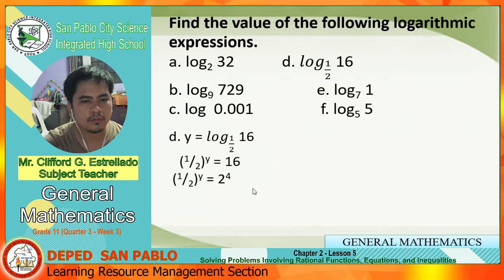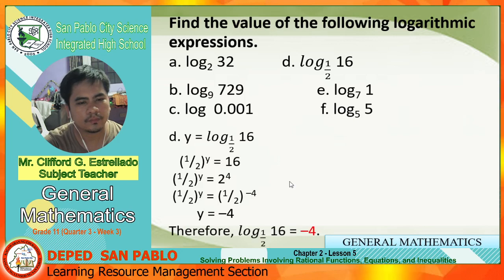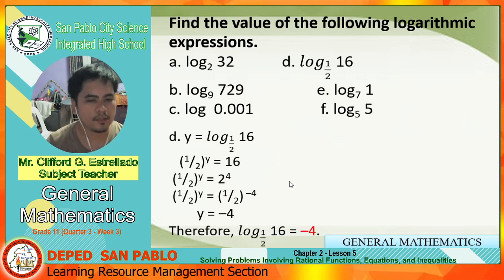So we have 2 raised to 4, then 2 becomes 1/2, so we have 1/2 raised to negative 4. So positive 4 becomes negative 4. Okay, and since we have the same base, which is 1/2, we can say that y is equal to negative 4. That's why negative 4 is the answer of logarithm of 16 with a base of 1/2.